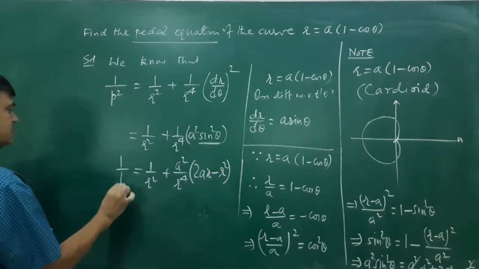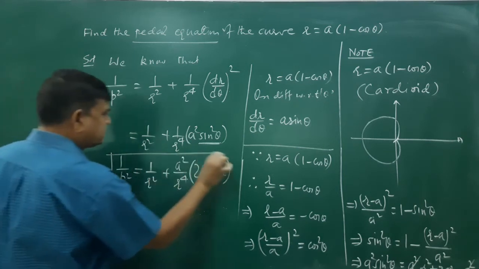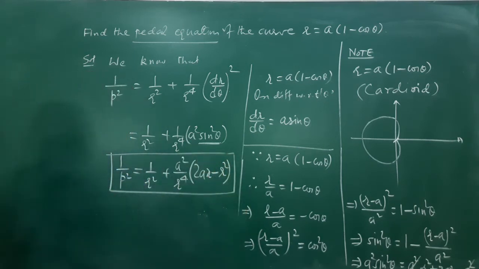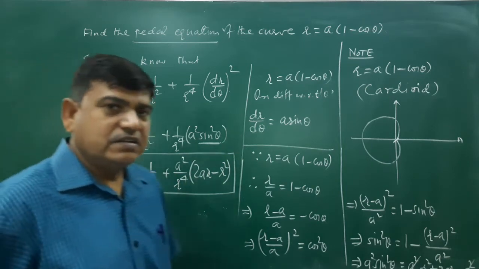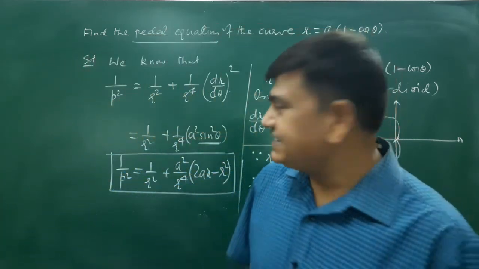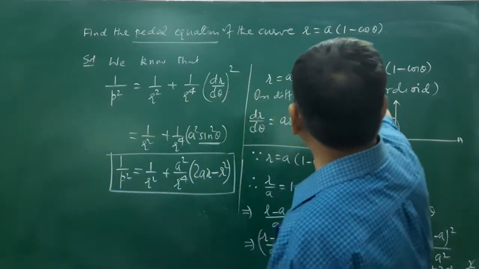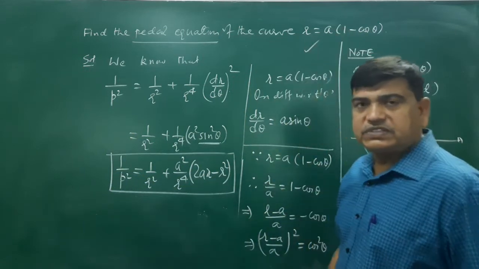This is in place of a square sin square theta, so this is the relationship in p and r. So this is the pedal equation of this curve, the cardioid.